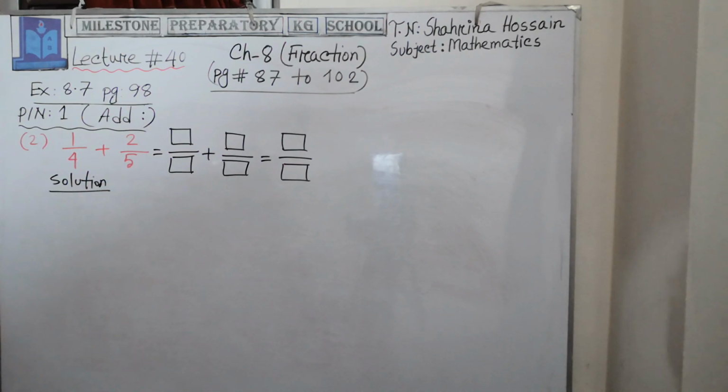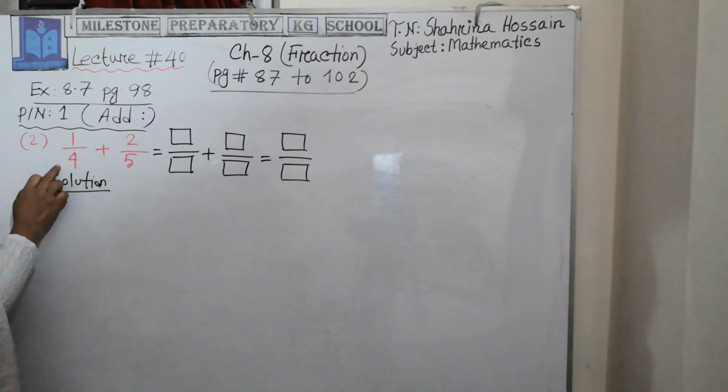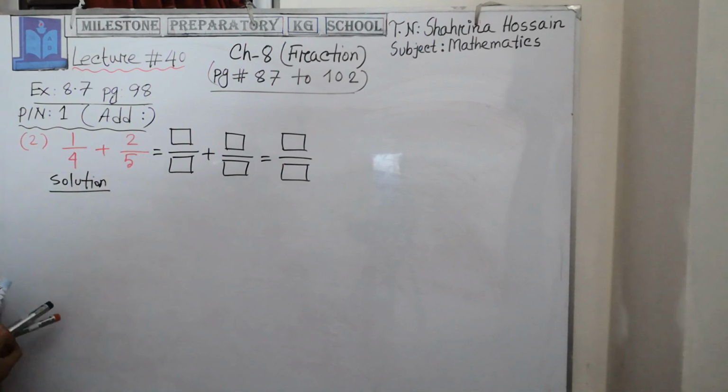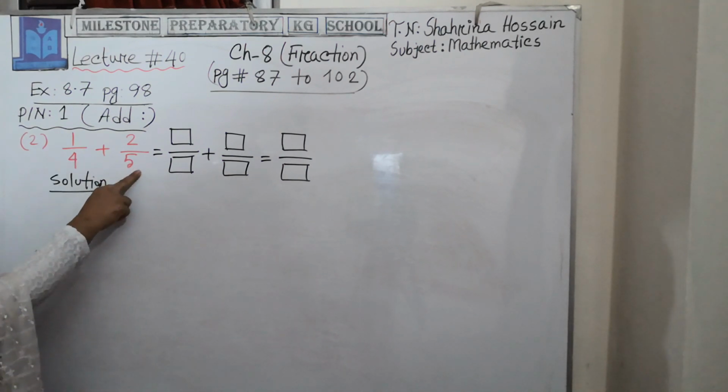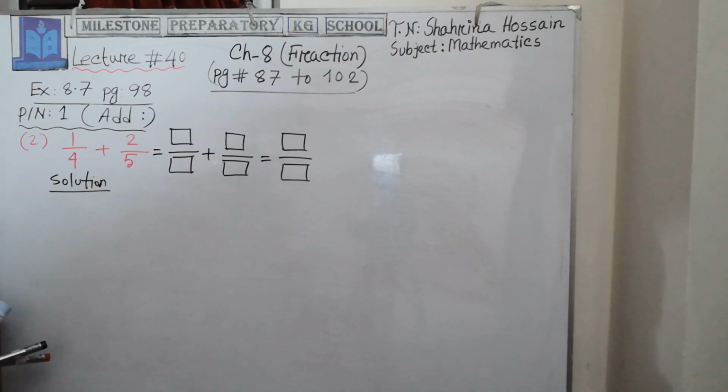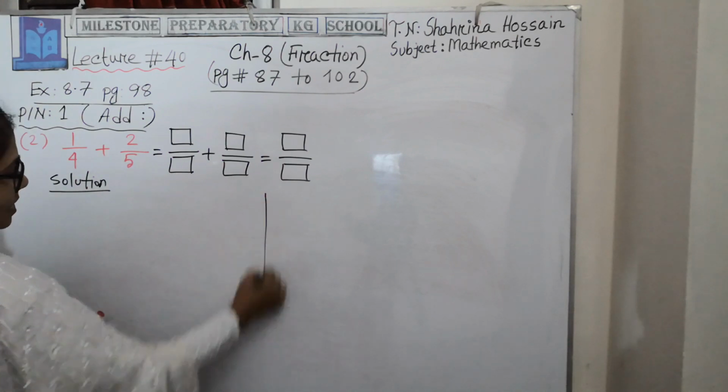Students, if you observe, see 1 by 4 and 2 by 5, they are giving two fractions for adding, but both denominators are different. Here is 4, this one is 5. So at first we will find the LCM. How can we find the LCM? To do the sum calculation.